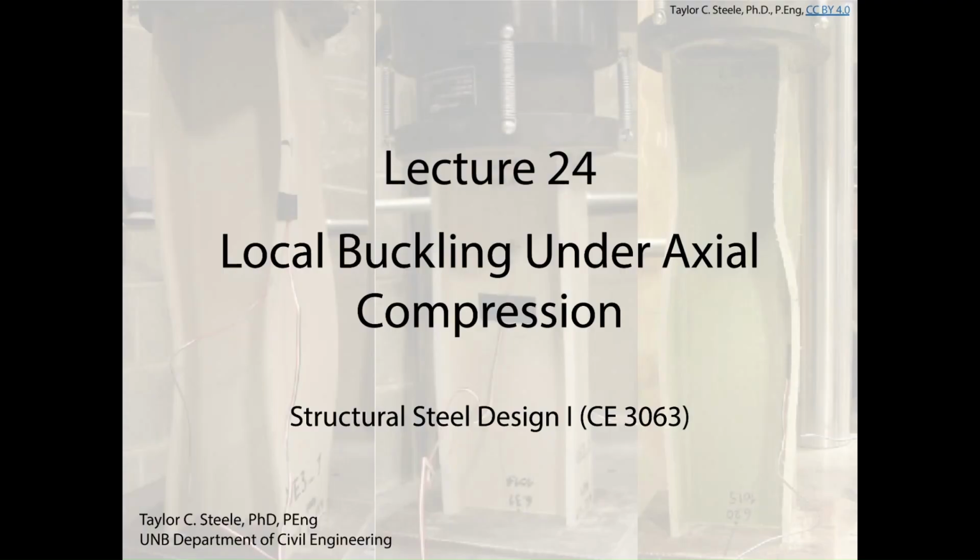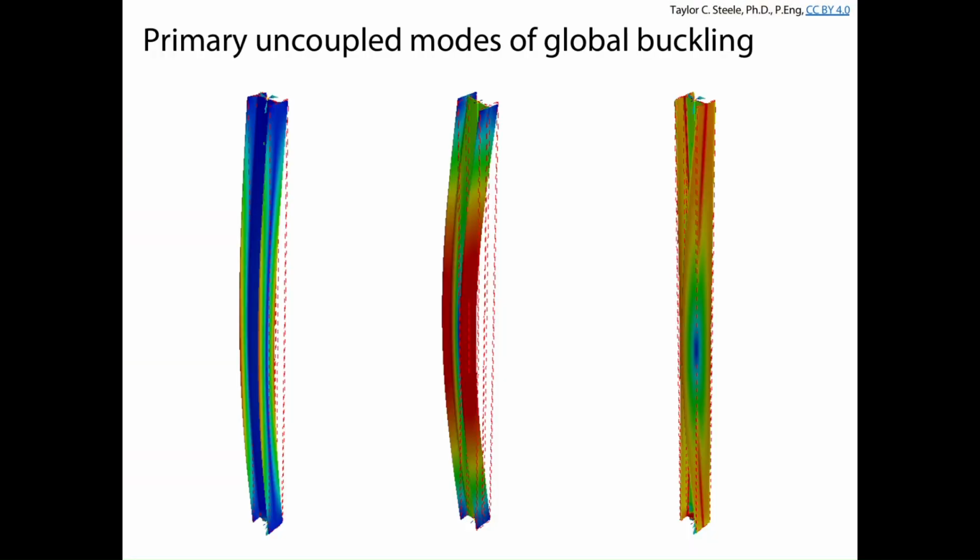Most of our sections in structural steel are built up out of different plate sections. So sometimes the flange or the web can have a little bubble pop out, and that phenomenon, those little local pops of flange or web buckling out under compression, is called local buckling.